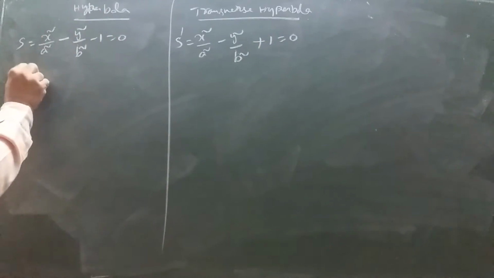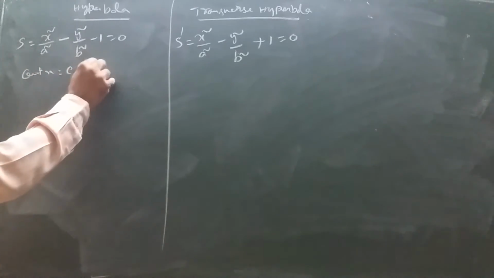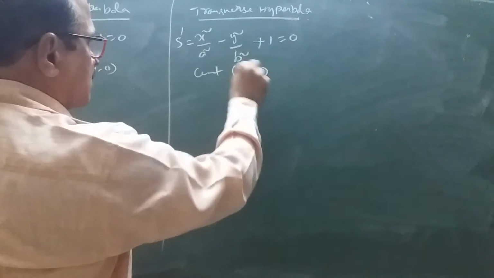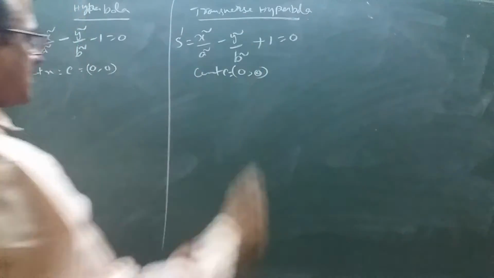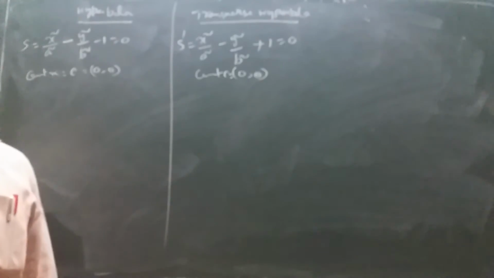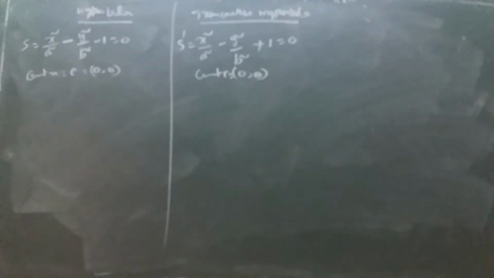Here the center is C equal to 0, 0. Here also the center is 0, 0. Each is symmetric with the x axis and symmetric with the y axis.